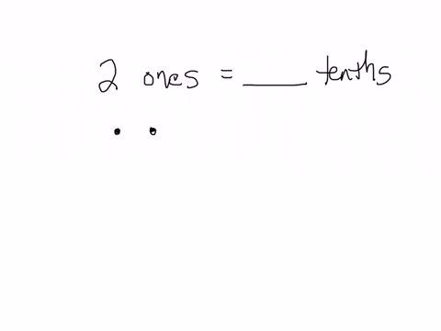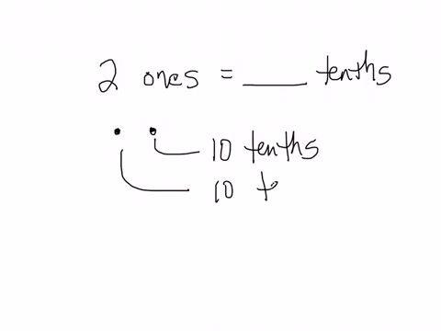When I am taking a whole object and making tenths out of it, that means I'm going to split it into 10 equal parts. So this one would get split up into 10 teeny tiny little pieces, so this would be 10 tenths, and this one would be 10 tenths. So altogether, 2 ones is the same as 20 tenths. You can see it's just a multiple of 10 there.